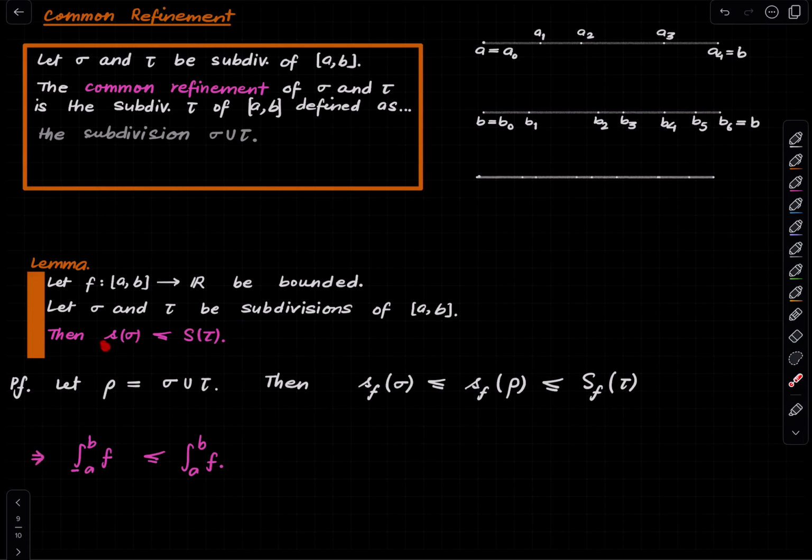Here you will take supremum over all sigmas, here you will take infimum over all taus, but this inequality is always true, so it will be preserved even when you take supremum here and infimum there. So the lower integral is at most the upper integral. I have somehow forgotten to put the bar on the upper integral. Lower integral is at most the upper integral.